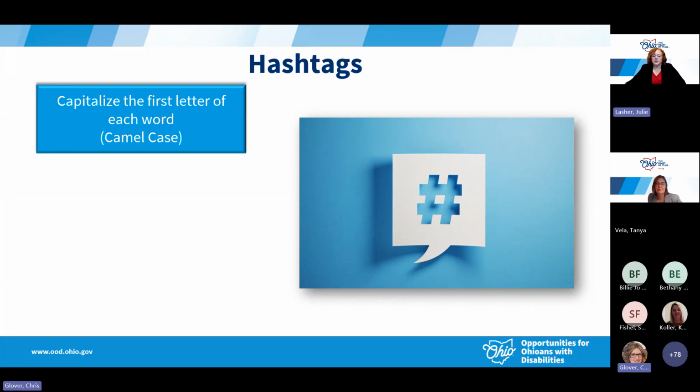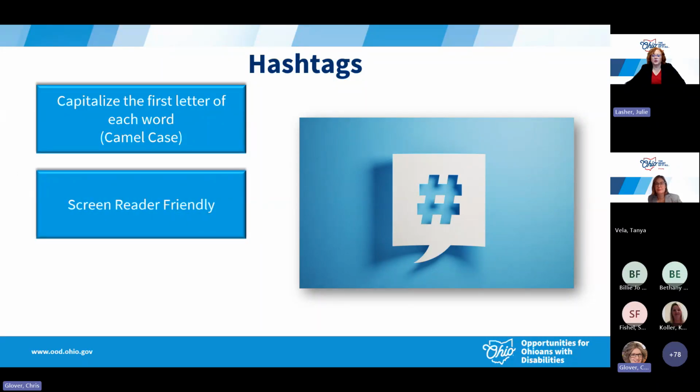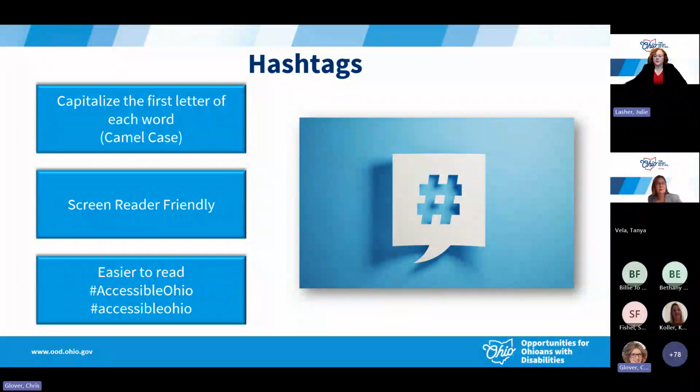So this is referred to as camel case because it provides a natural vertical flow of the letters, which appears like camel humps. So this makes it easier to read and improves the accessibility by allowing screen readers to read the hashtag correctly.